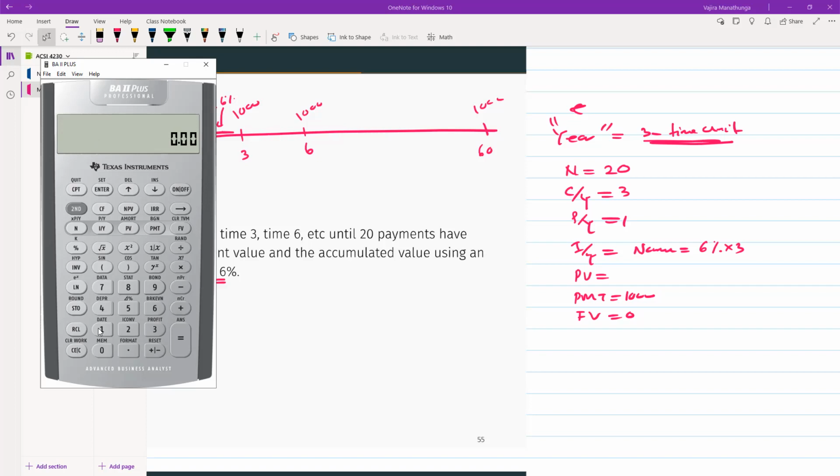Then the payment amount is 1,000, 0 for future value, compute present value: 5,076.